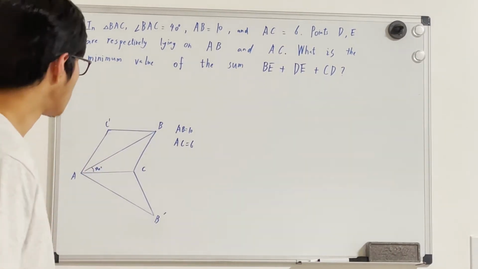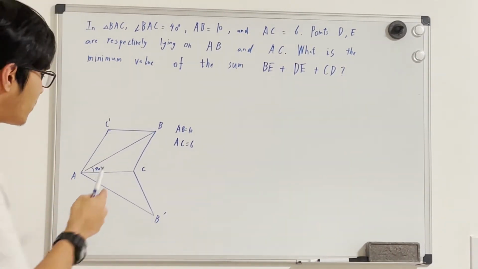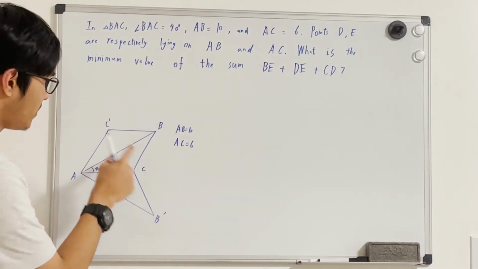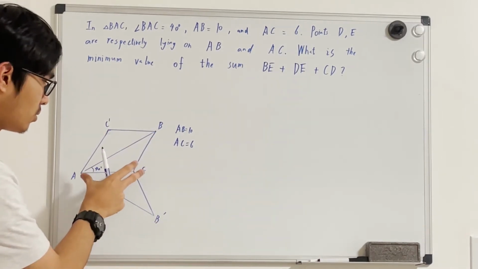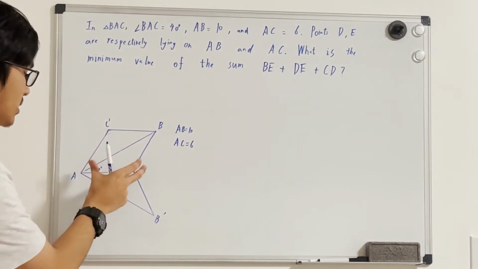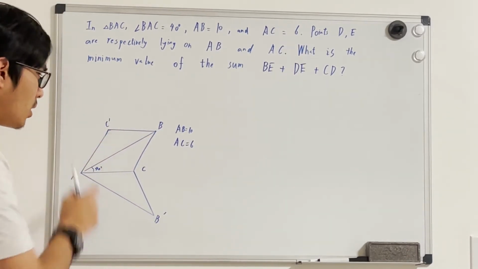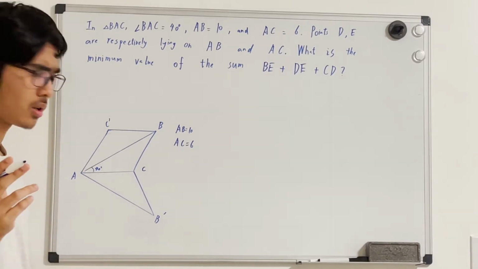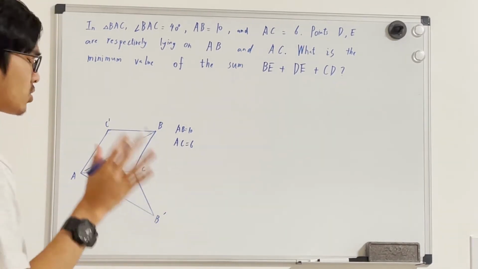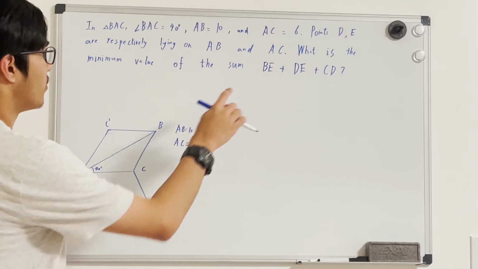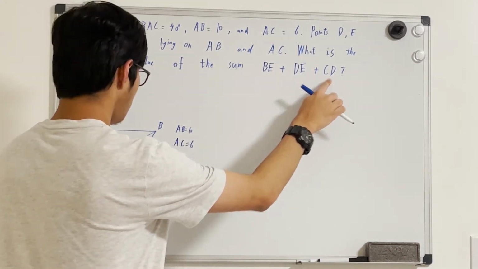Okay, I have just sketched the diagram. So I have reflected C to C prime and B to B prime, using AB as the symmetrical line and AC as the symmetrical line respectively. Now, we are trying to find the minimum value of BE plus DE plus CD.